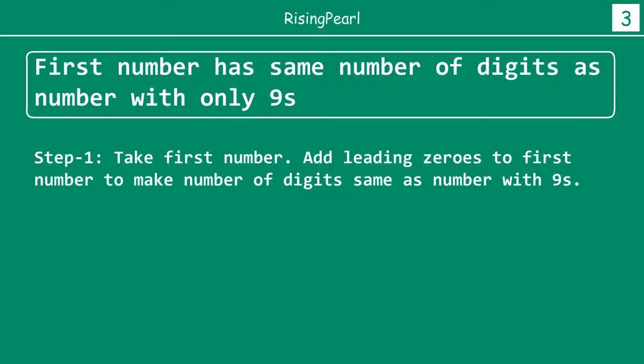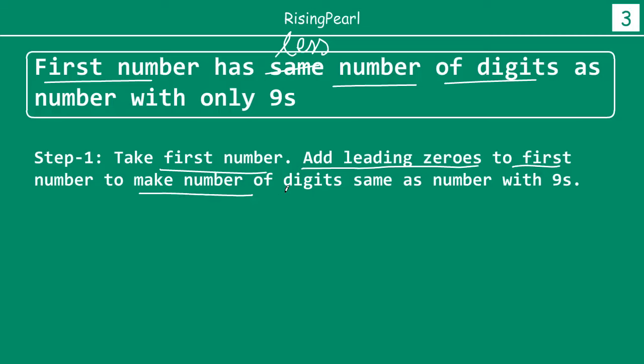So let's find out. This is how we are going to solve it if the random number has fewer digits compared to the number with only nines. The first step is we take the first number and add leading zeros to it to make the number of digits the same as the number with the nines.